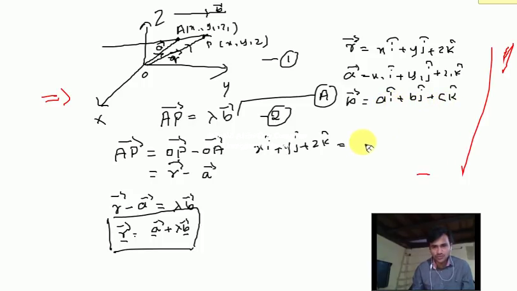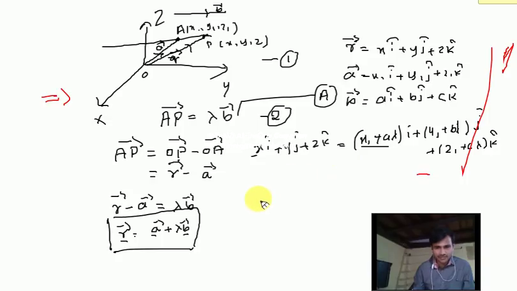If you add these two, you will get x1 plus a lambda i cap, y1 plus b lambda j cap, z1 plus c lambda k cap. If you equate x to x1 plus a lambda, you will get lambda is equal to x minus x1 by a. So x minus x1 by a is equal to y minus y1 by b is equal to z minus z1 divided by c is equal to lambda.